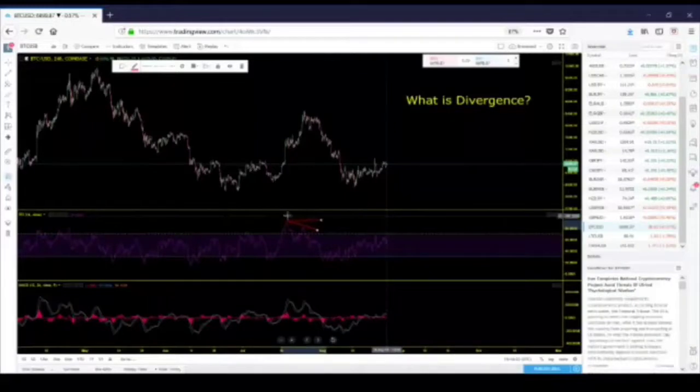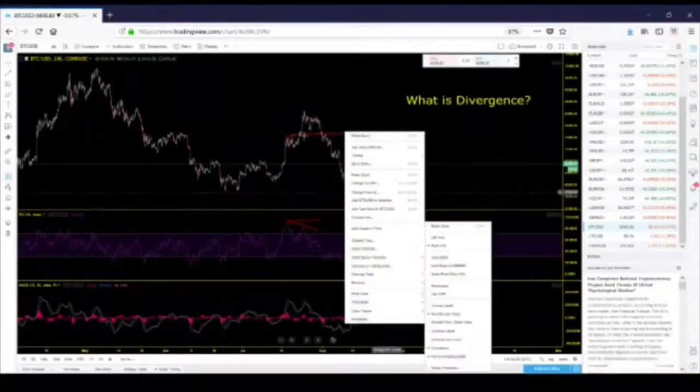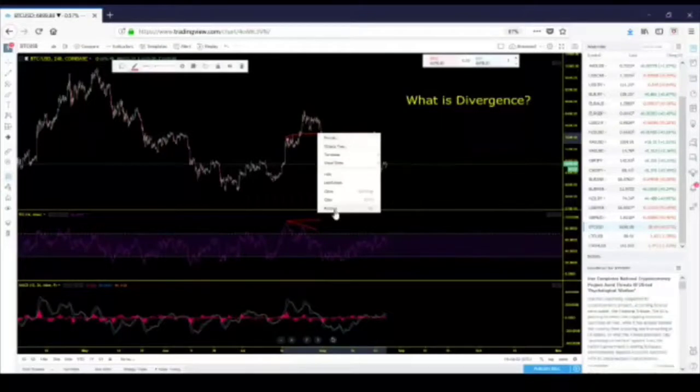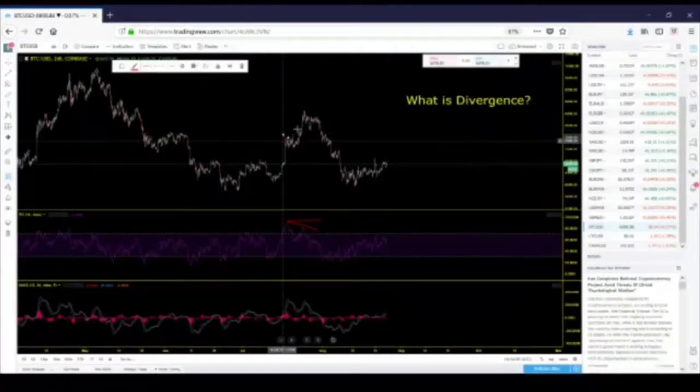If you pay close attention, this high here on the RSI is this high here on the chart. So we have some divergence that developed on this particular leg up, here and here.